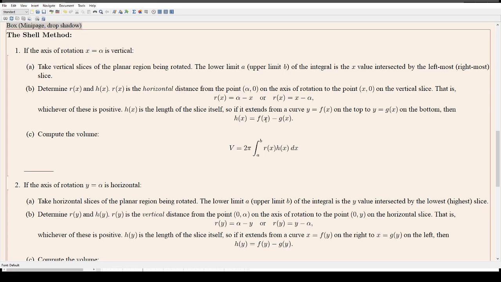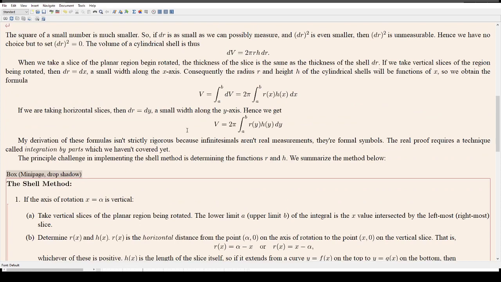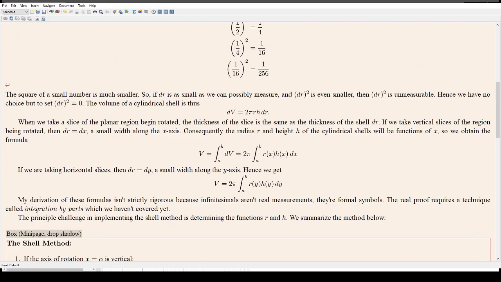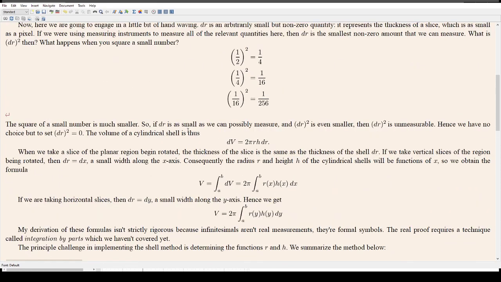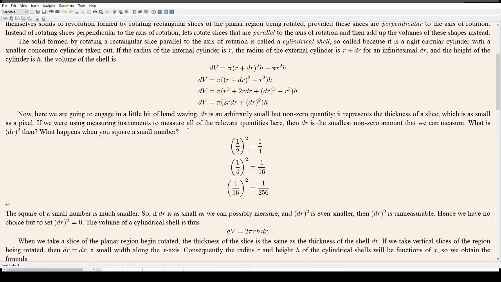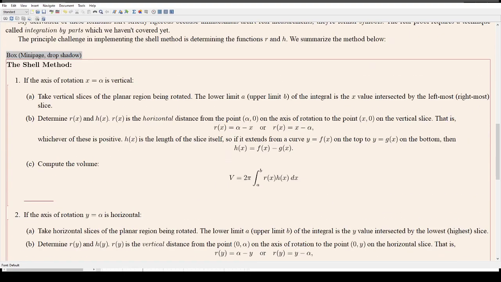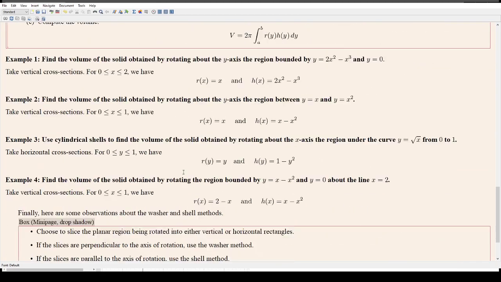The height is always going to be the difference of two functions. I'm sorry about that. Just follow along in the notes. I'm sorry. This is a horribly unprofessional situation. But I don't want to redo the entire video, so let's just keep moving.